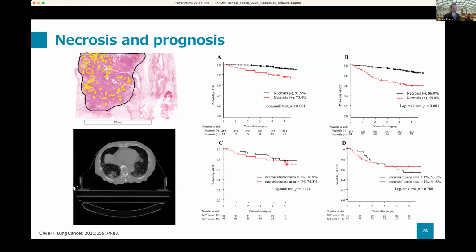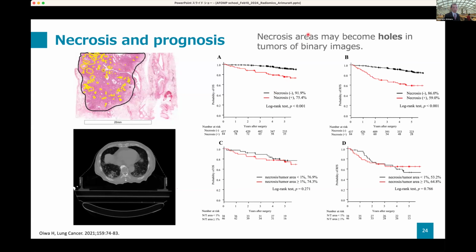This result may be characterized by topology, because topology does not consider area. Topology just considers the number of holes, in this case the number of necrosis.